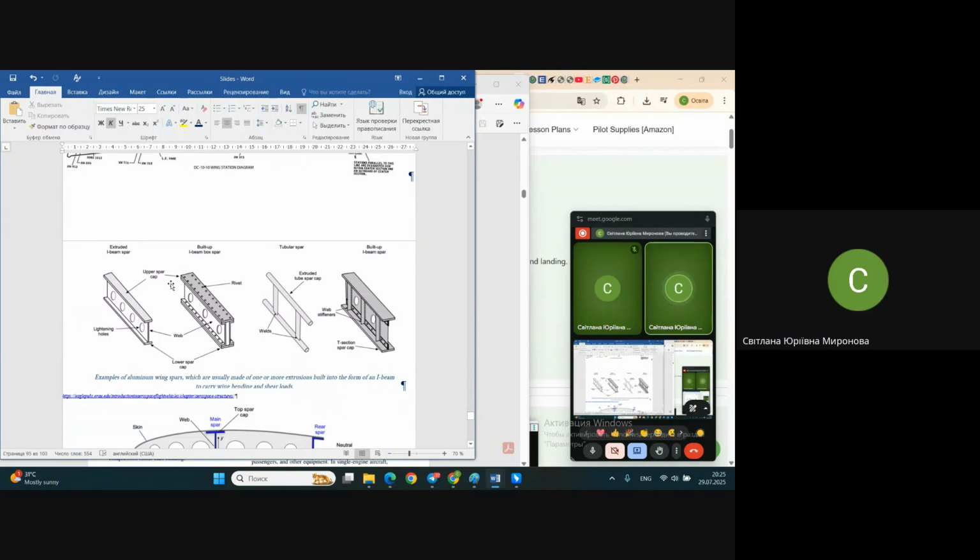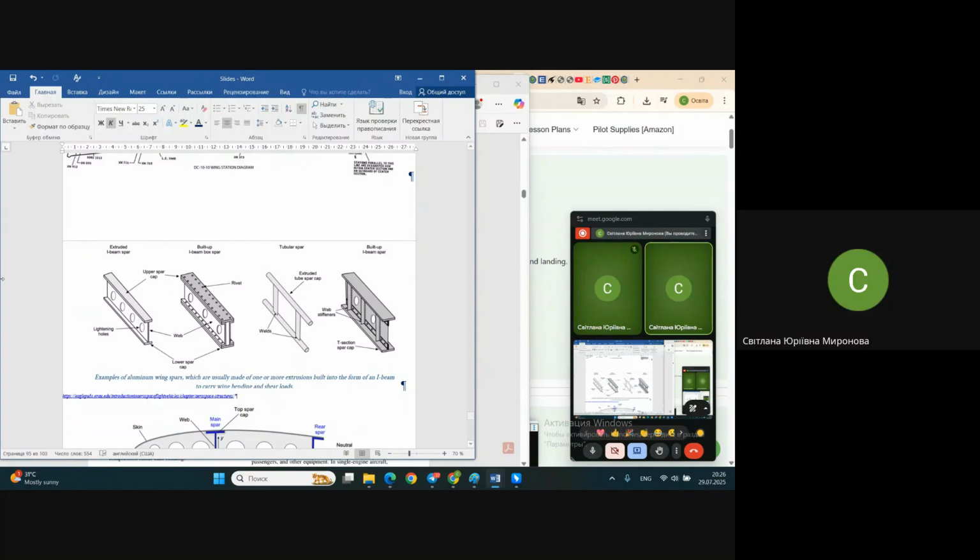In our language, there is no difference whether it's spar or longeron. We call it with the same name, longeron, which maybe came from French, in a wing, in a stabilizer, in a fuselage, the same. In English, they usually distinguish. For aerodynamical surfaces, they call it spar. For fuselage and engine nacelles, they call it longeron.